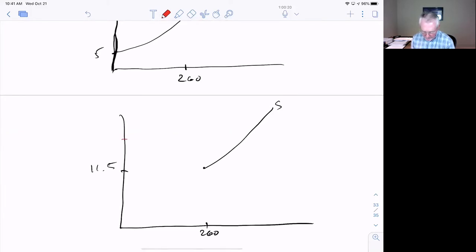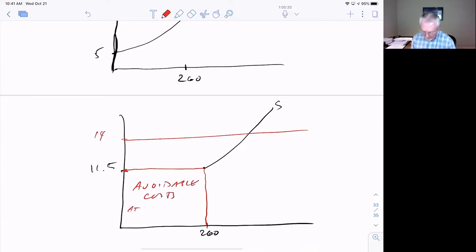Well, suppose the price is 14. What I need to recognize is that this area right here, as we worked out, is total avoidable costs at Q equals 260. So I have this rectangle here, 11.5 times 260, which is total avoidable cost.